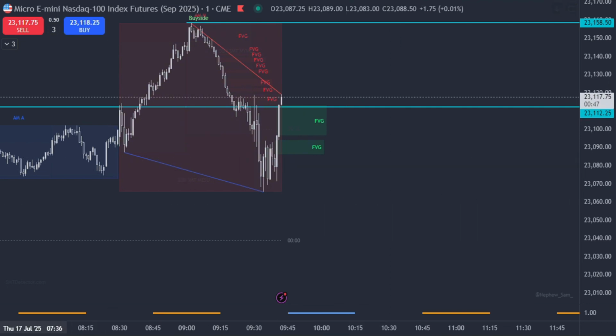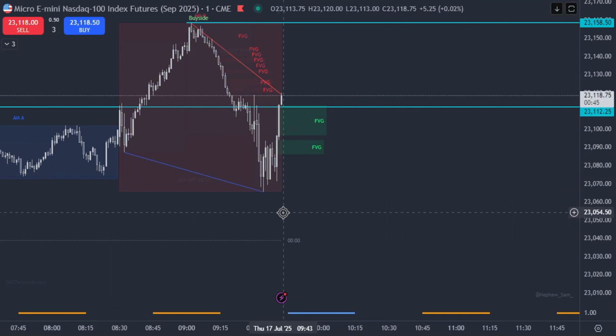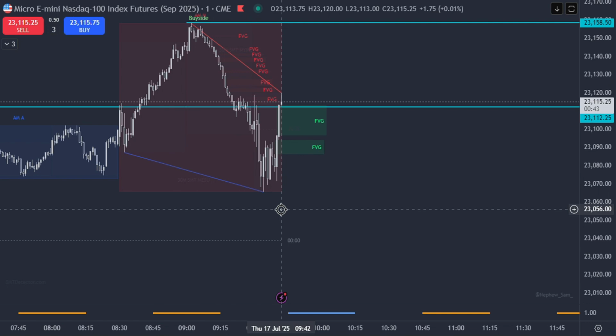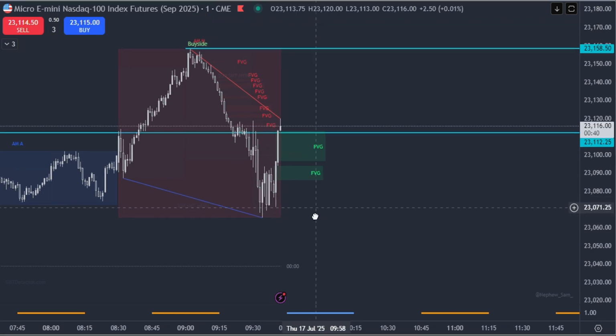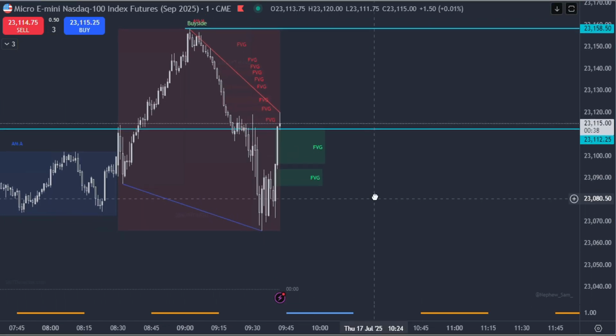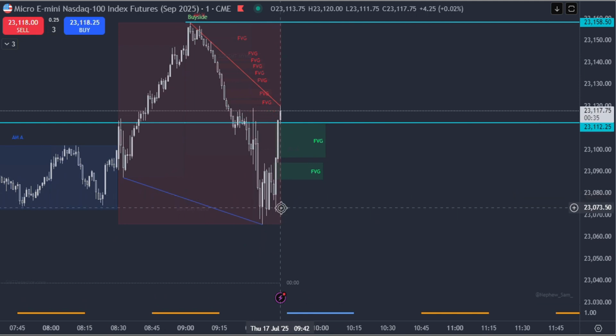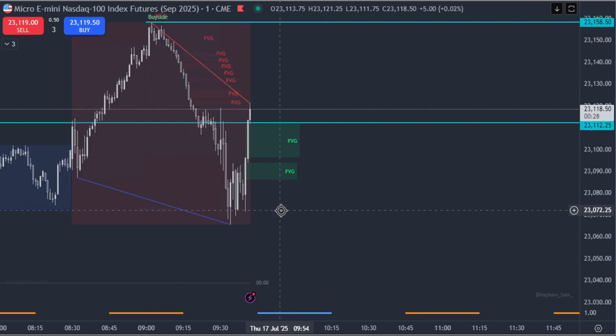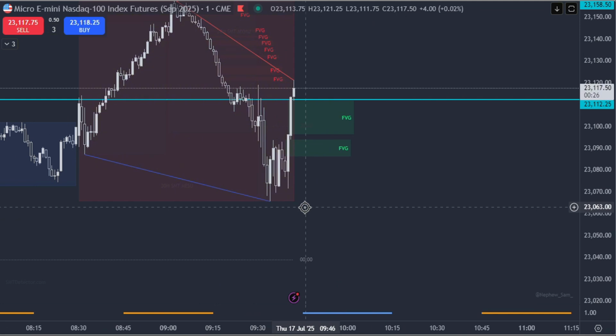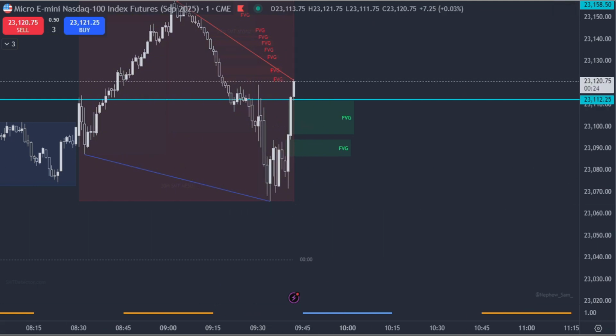So we already have, what time is it? As soon as I see a retracement, I'm going to enter longs right now. So this is the time. We already created CSD. So I'm just waiting for any type of retracement and I'll enter longs. I don't want to miss it.